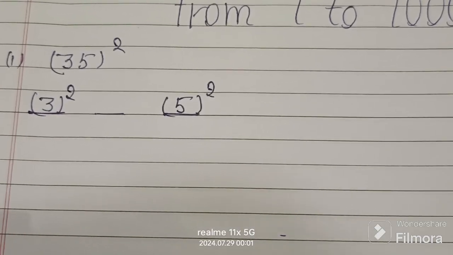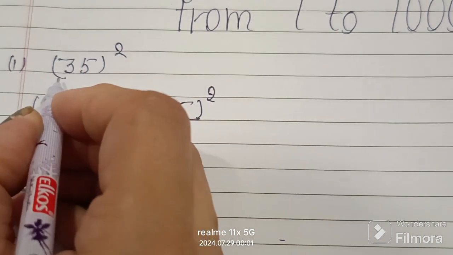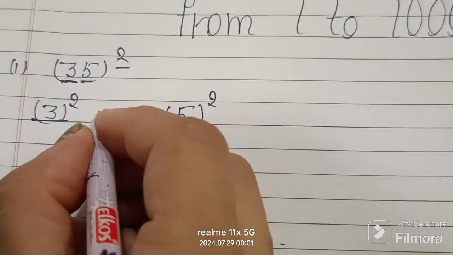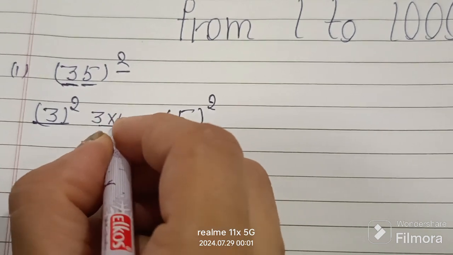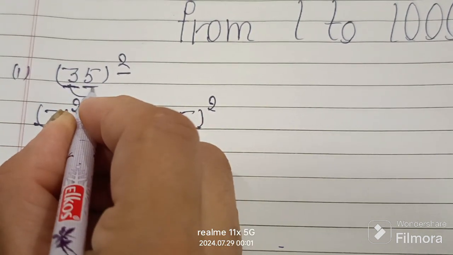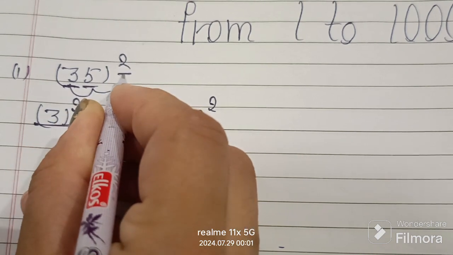In the middle part, I am going to write the product of these three numbers: 3 times 5 times 2, that is 3 multiplied by 5 multiplied by 2.